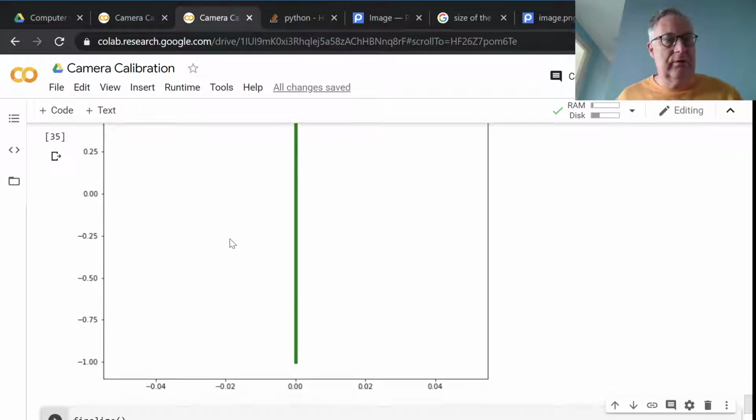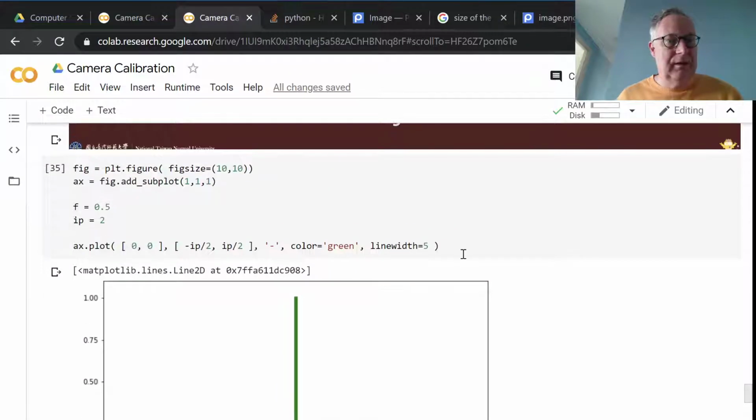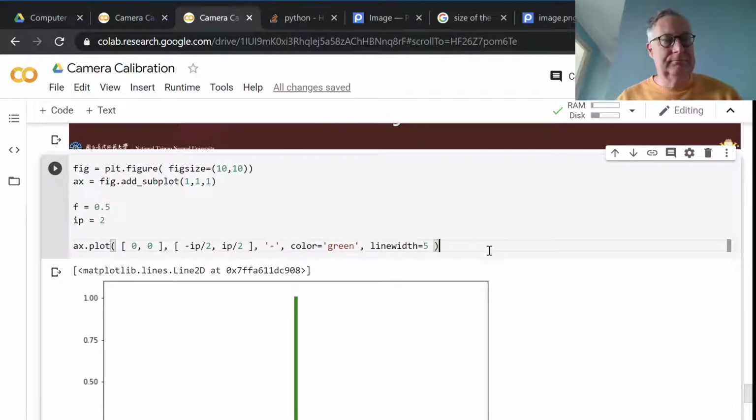Right, so that's not much now. Now actually, I'll move my focal point to position 0. So that means the image plane will be at minus f.